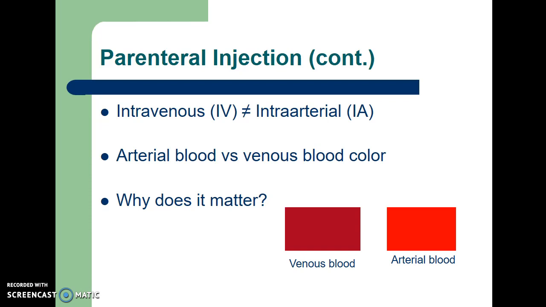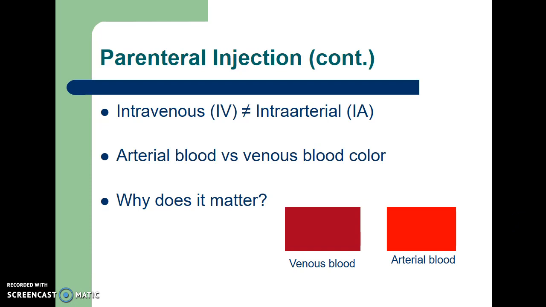That's where we want to be because we want that drug to be diluted by the rest of the blood in the body before it's sent out to the tissues. So we want it to be this kind of dark red color. Ox blood is kind of the color that I would call that, as opposed to this bright cherry red sort of color.